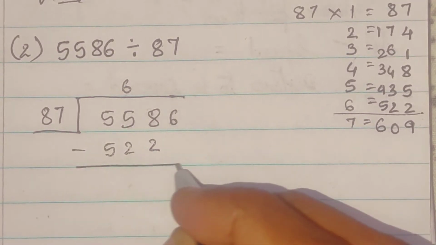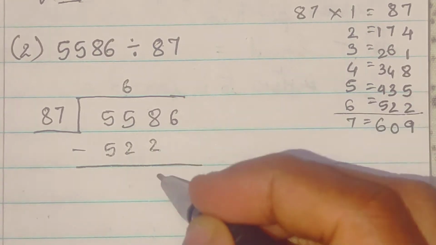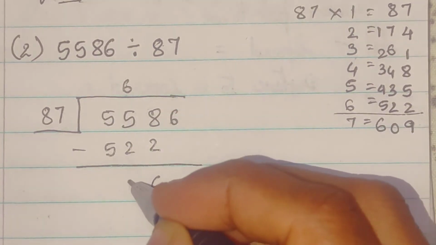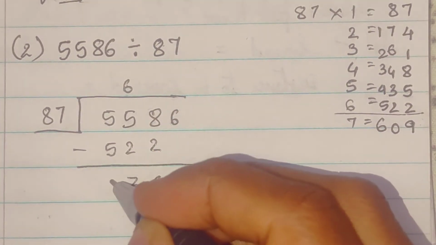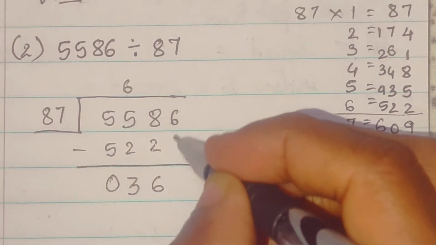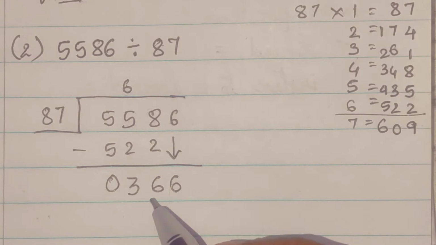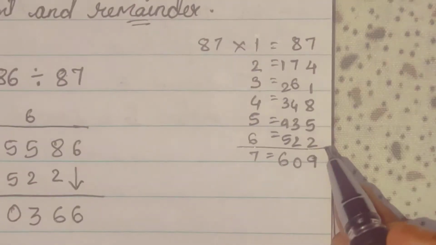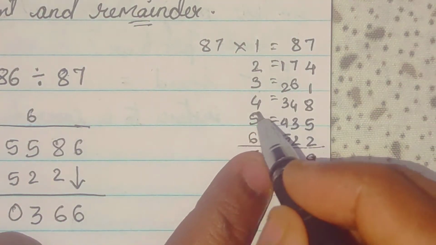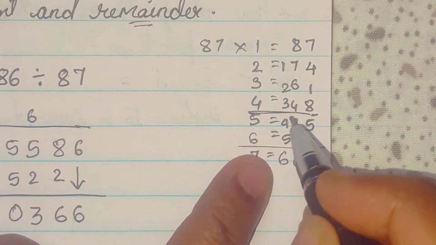522. So after subtraction, 8 minus 2 is 6, 5 minus 2 is 3, 5 minus 5 is 0, and now this 6 we will carry down. So it became 366. So here we have 348.